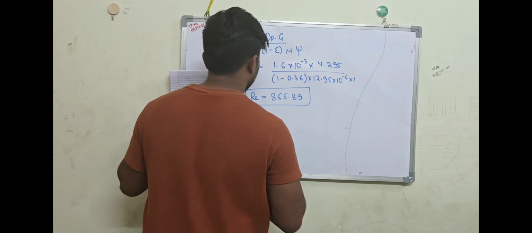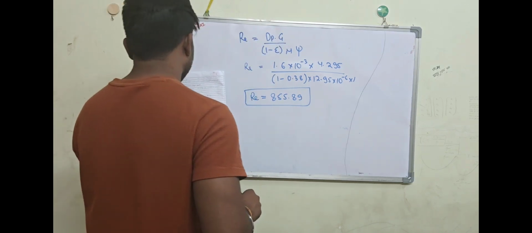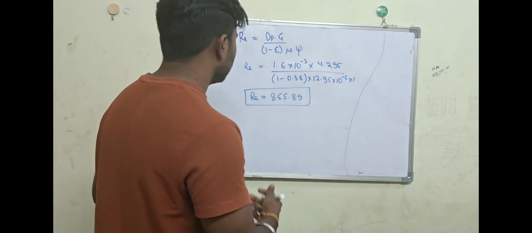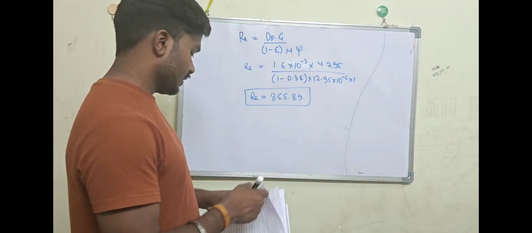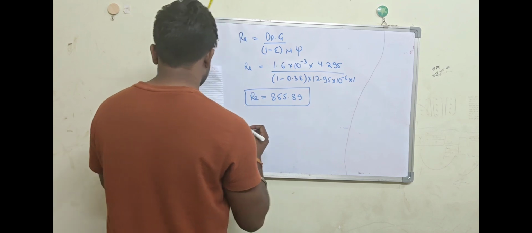This is the Reynolds number we are getting from the formula. So this is the laminar regime. Let's proceed further.